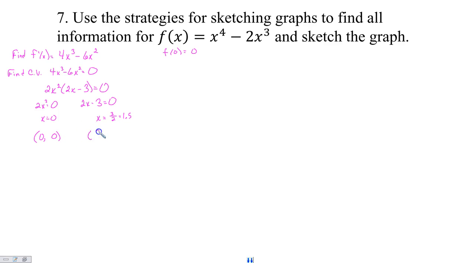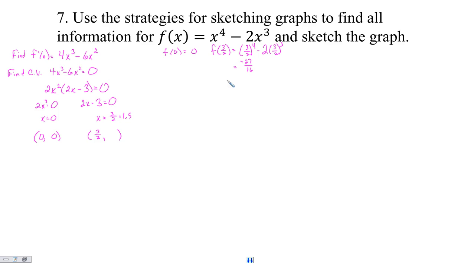Our second point is going to be this 3/2 or 1.5. If we want to find f of 3/2, you can plug that into your calculator using the fraction version or the decimal version. You should get exactly the same results. I just want you to see how this all gets plugged in, and that will give us the value negative 27/16, which is just a lovely value there.